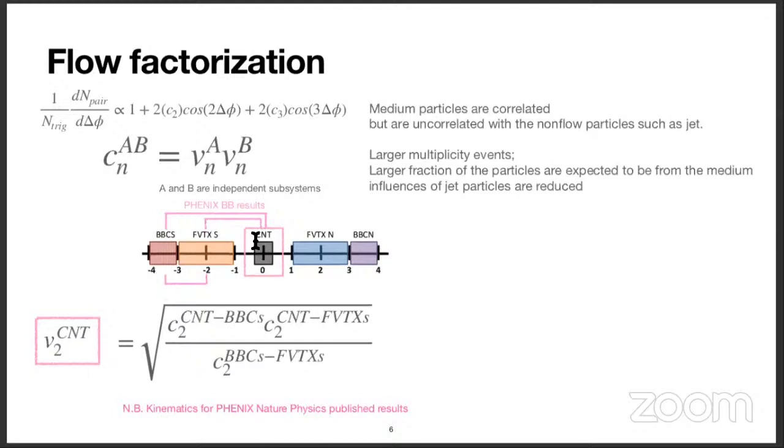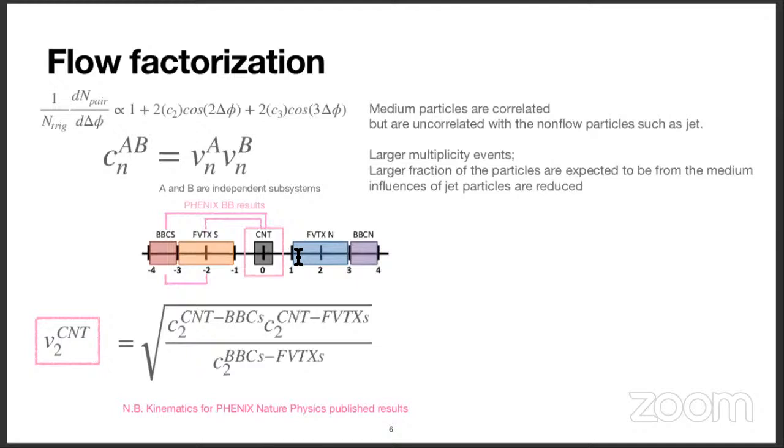This combination that I show you right now is the usual kinematic selection for the calculations from the PHENIX v2 measurements. Because we are selecting two backward systems, as you can see here, BBC South and FVTX South, the reason is that we use the asymmetric runs so that the higher multiplicities are accumulated at the south side.